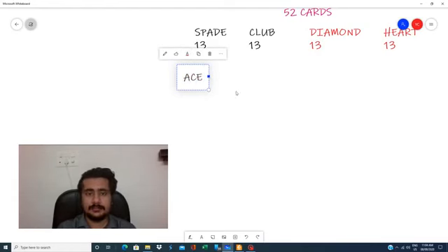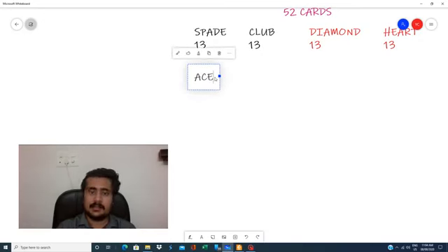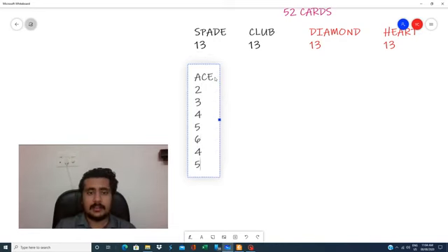This is known as ace. The second card is the number 2, then 3, 4, 5, 6, 7, 8, 9, 10. As I told you, there are 13 cards.